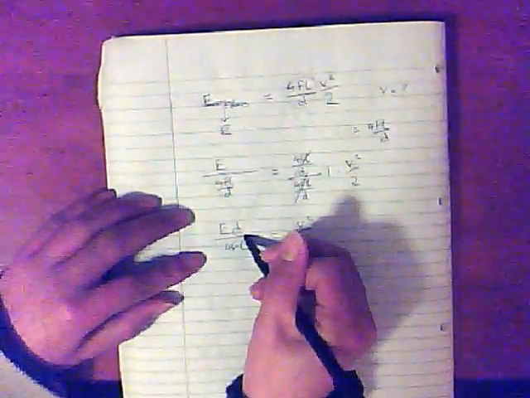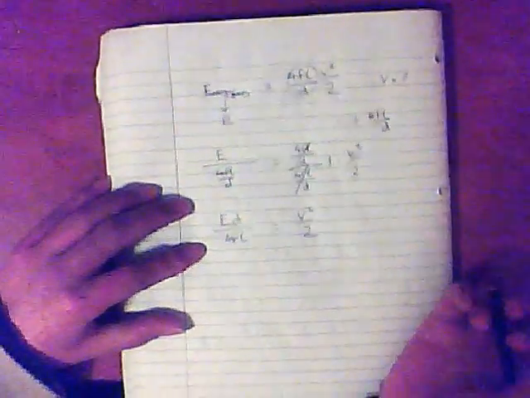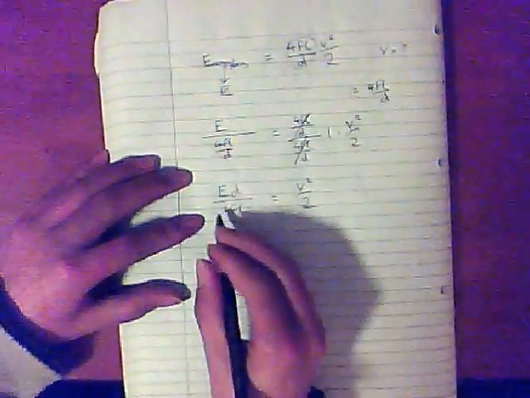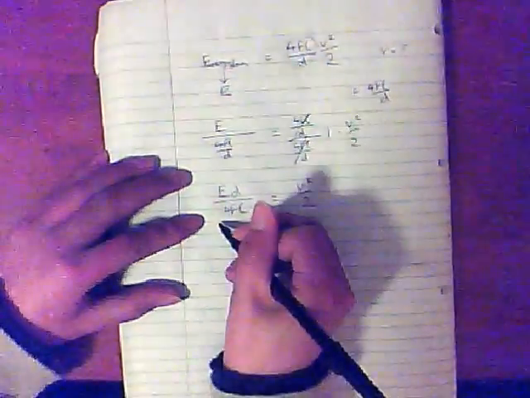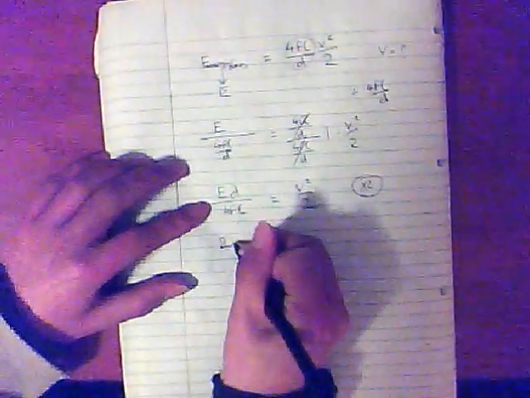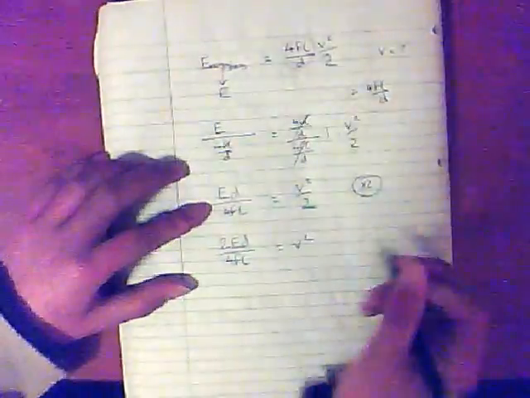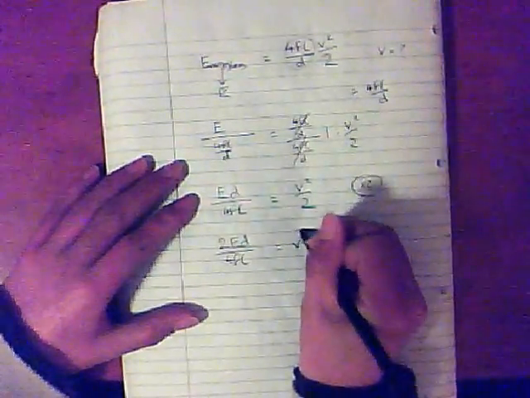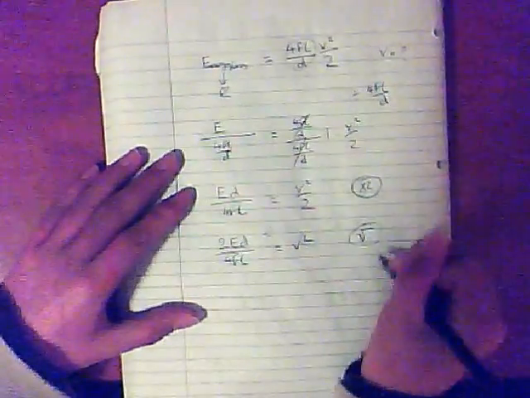I'll explain how that works probably on another video. You might be able to work that out yourself. But yeah, I'll just say that that's true. Now to get the 2 away to the other side, we multiply by 2 on both sides. So that becomes 2ED over 4FL equals V squared. To get the square to the other side now, you simply square root both sides.